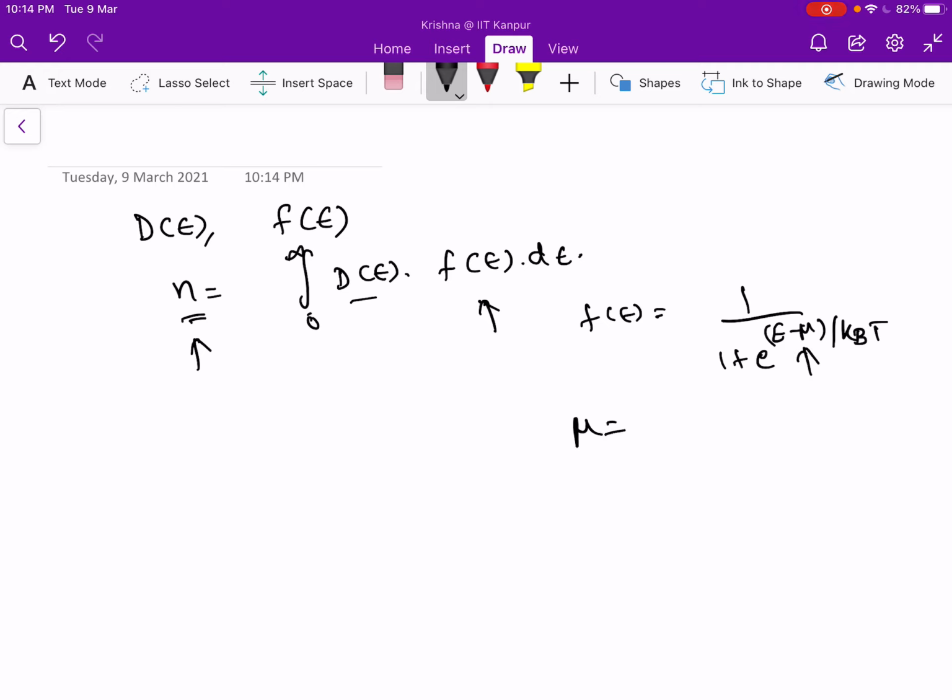chemical potential. I don't know if you will remember, there is a subtle point that we used when we derived the Fermi-Dirac distribution. This is F(n+1) minus F(n). F is the Helmholtz free energy as we described previously, and this is the free energy when you have n plus 1 particles, and this is the free energy when you have n particles.